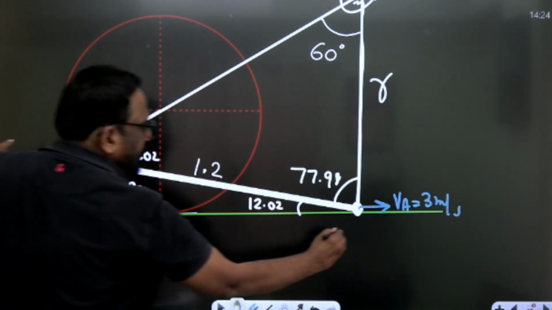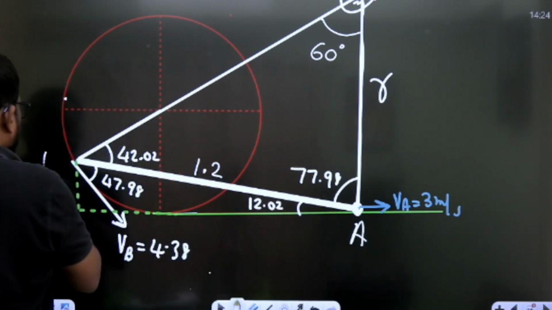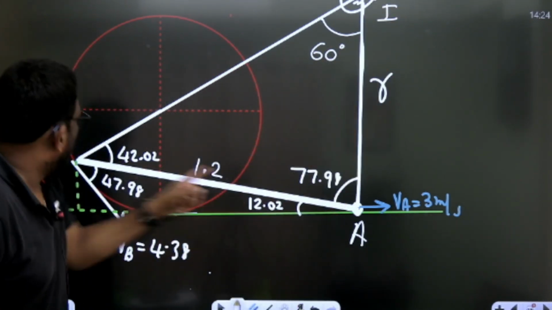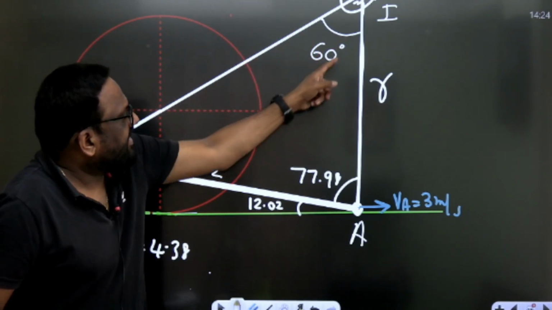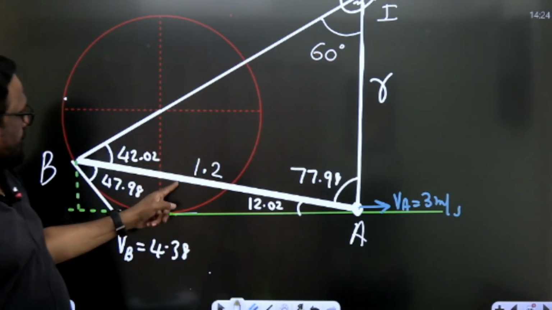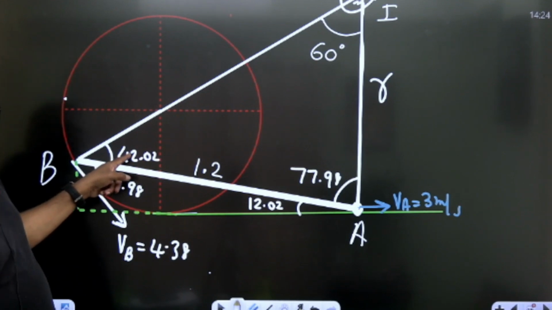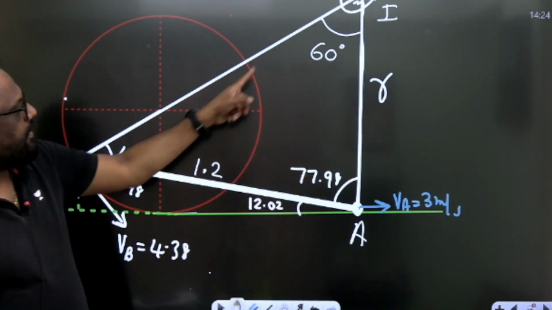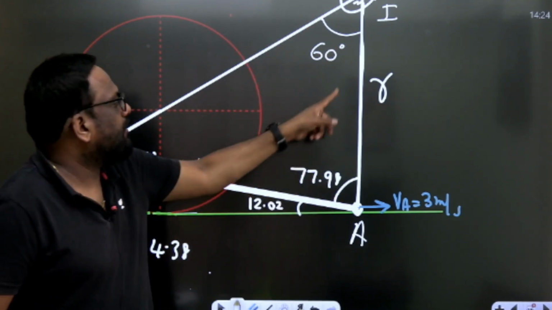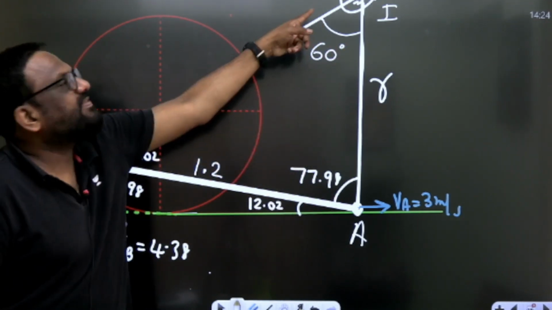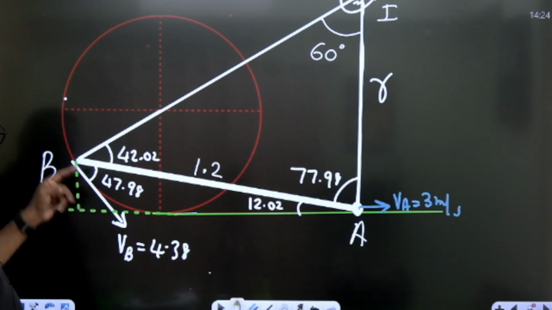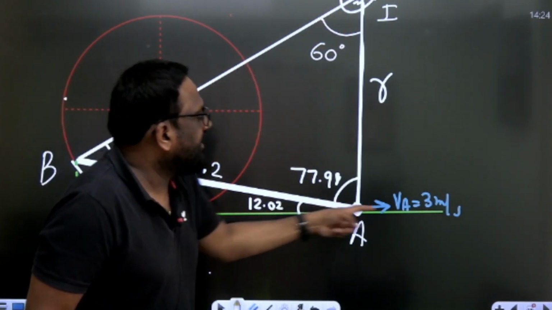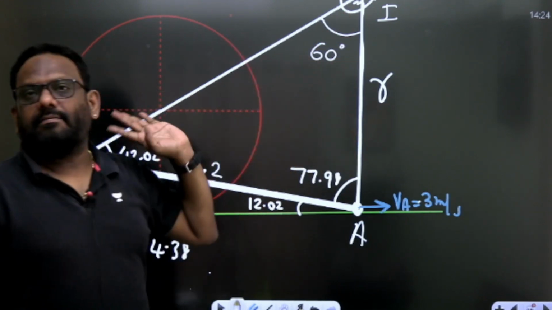Let us name this triangle A B I, I being the instantaneous center. One angle is 60, its opposite side is 1.2. One angle is 42.02, its opposite side is R. One angle is 77.98, with its own opposite side. So can I calculate this length? Here you can calculate this length and this length. If you calculate this length, VB is equal to R omega, and if you calculate this length, VA is equal to R omega.